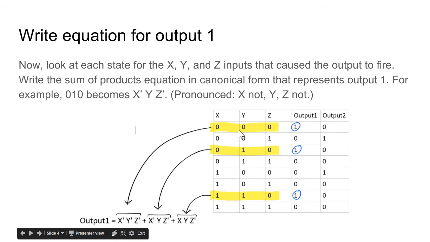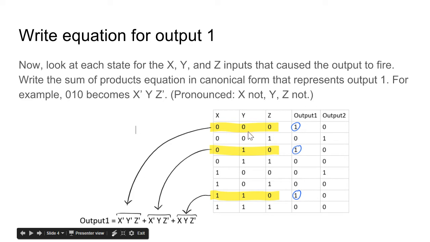So we pay close attention to this, and we use it to write our mathematical expression here. Wherever we have a 0 for that input, we have to invert it. Looking at this first line, X is 0, so that becomes X naught. So we bring down X naught in our sum of products expression.